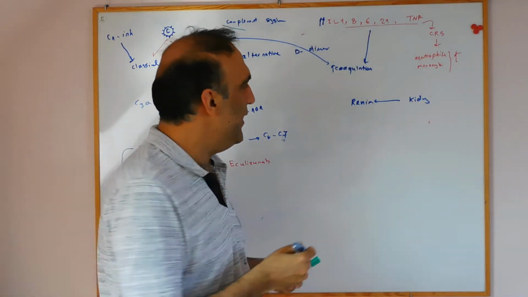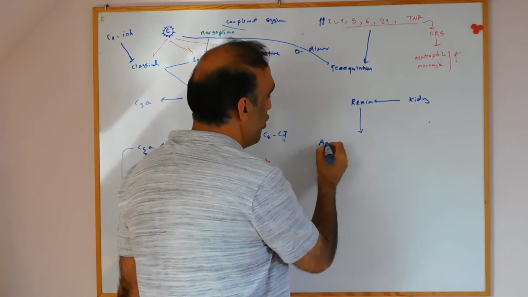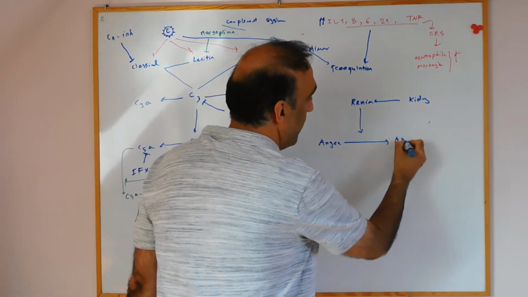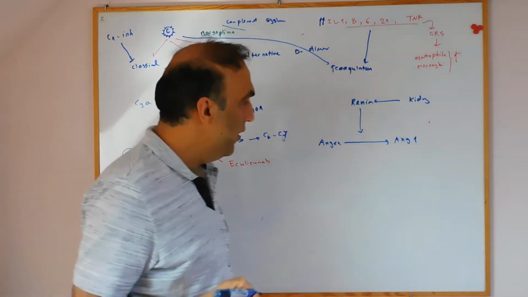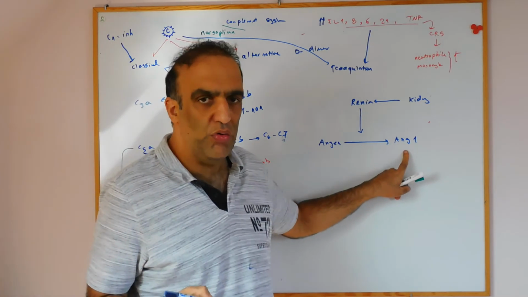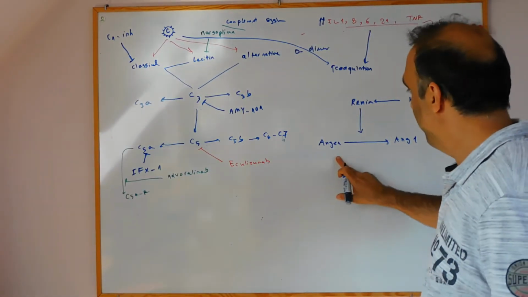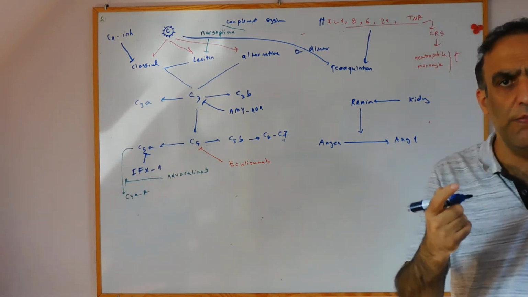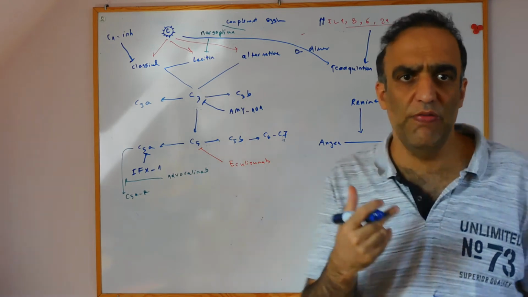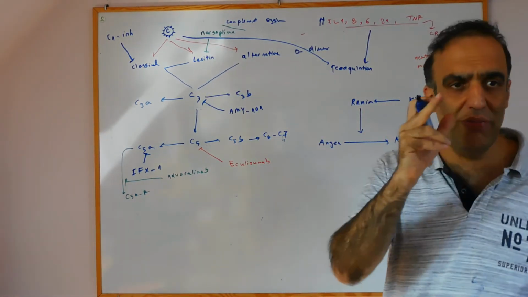Renin can convert angiotensinogen, which is produced mainly by the liver, to angiotensin 1. Then angiotensin converting enzyme, which is produced mainly by the lung, converts it to angiotensin 2.